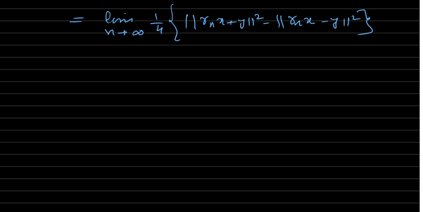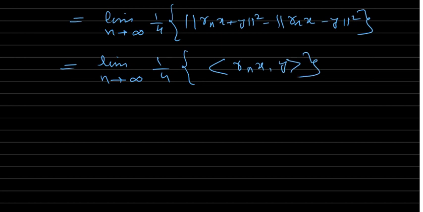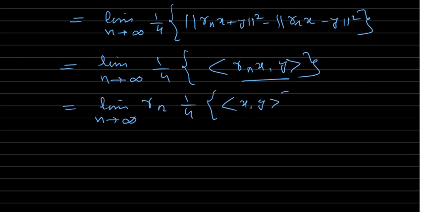We still cannot take Rn outside. This is limit n approaches infinity 1 by 4, but this is actually the inner product Rn x with y. Now from here we can take Rn outside, because Rn is a rational number. So this is equal to the limit as n approaches infinity, and we can take Rn outside, of 1 by 4 times inner product x with y.